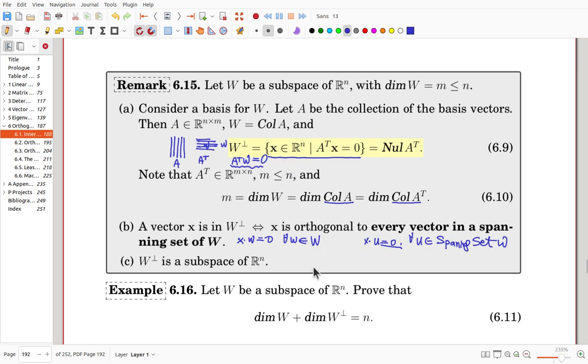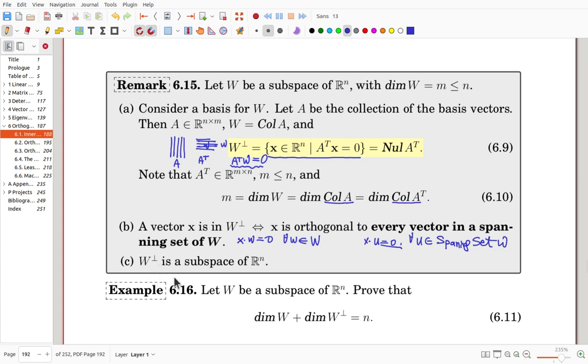W perp is a subspace of Rn. You can prove this quite easily. If you choose any two vectors in W perp, then their linear combination is also in the set. So it is closed under linear combinations.